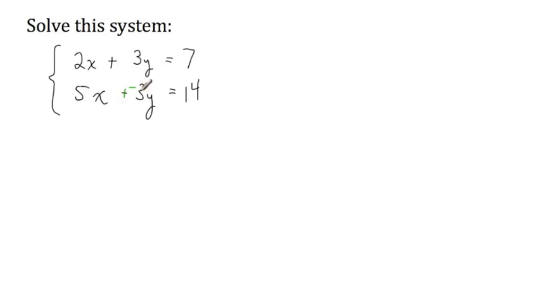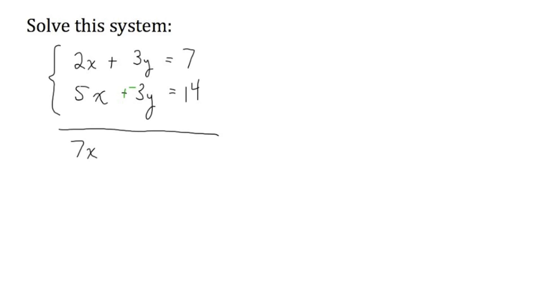Once you have opposites, as we already do in this case, it's a matter of adding the two equations together, term by term. So we're going to first add the x's together. 2x plus 5x is 7x. And here's why we want to make sure that we have opposites: because 3y plus negative 3y is 0.